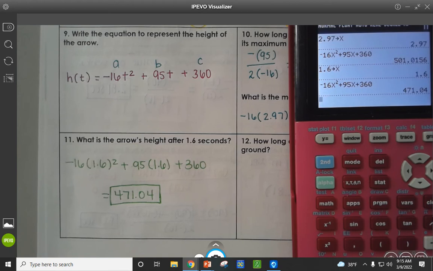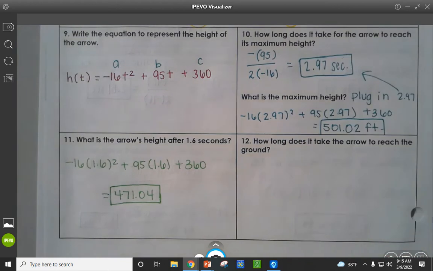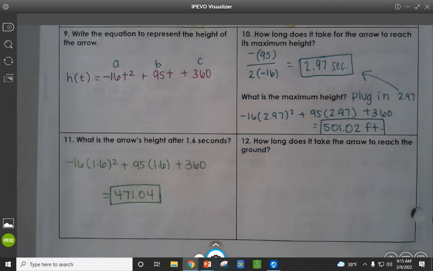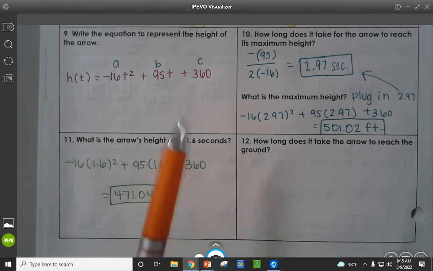Questions on number 11? Number 12. How long does it take the arrow to reach the ground? What are we doing here? Quadratic formula. So the ground, when we looked at the graph on the last video, the last part of the notes, that represents your x-intercepts.